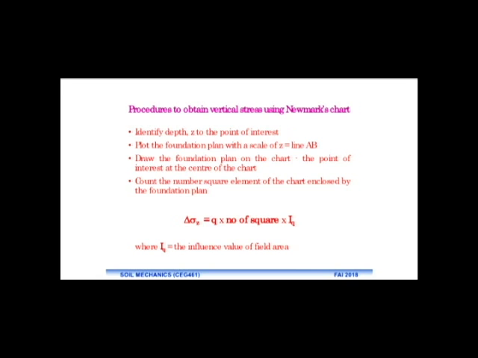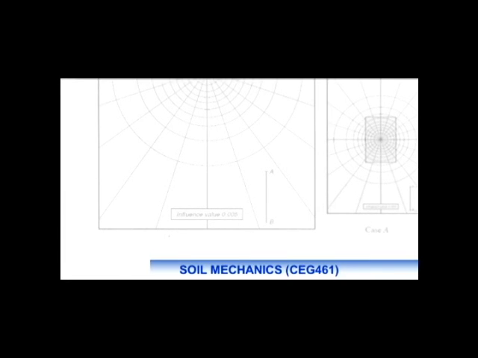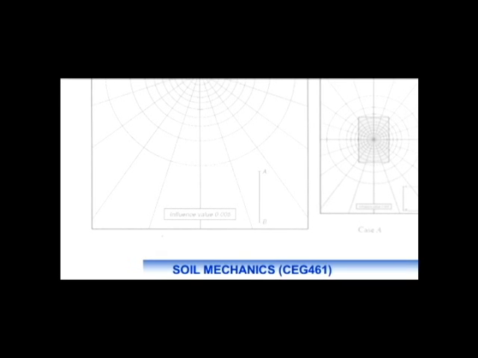You have to measure line AB with your ruler, and you have to know the depth of the point of interest that you want to determine. Say your line AB is 2 cm.